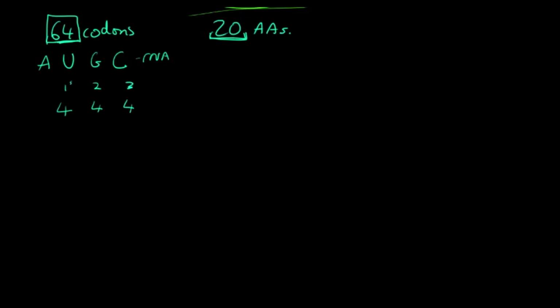First, second, third, and we just multiply these together. So 4 to the power 3 equals 64 codons. That's how we know that there are 64 codons, and they can all code for different amino acids.